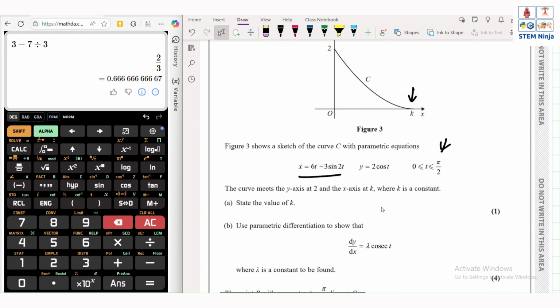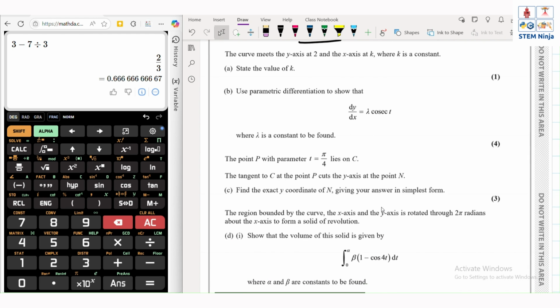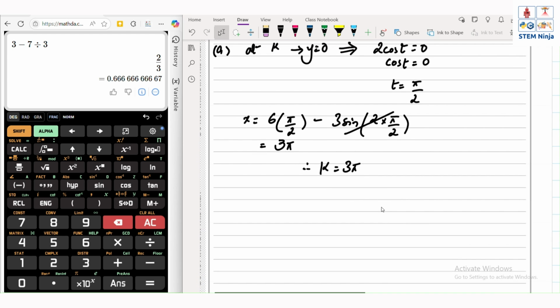Use parametric differentiation to show that dy by dx is lambda cosecant t. All right. So first off, we need the dy by dt. That would be derivative of cosine is minus sine. So minus 2 sine t.